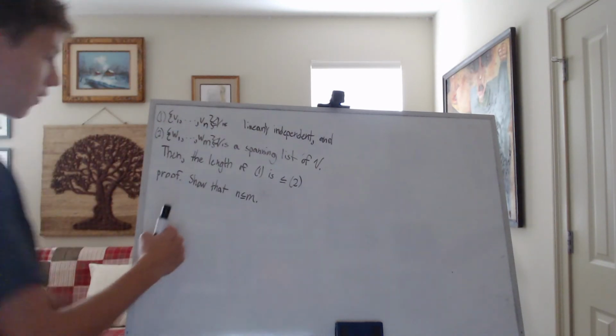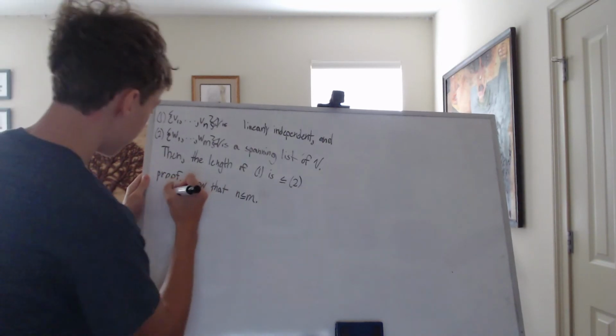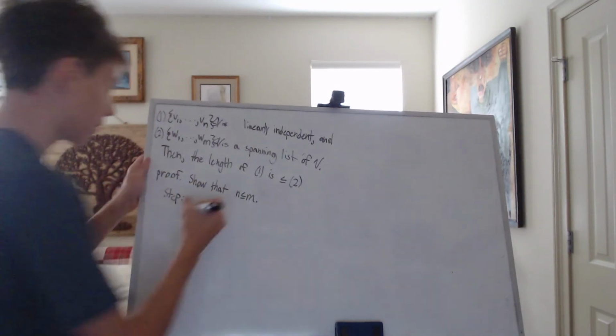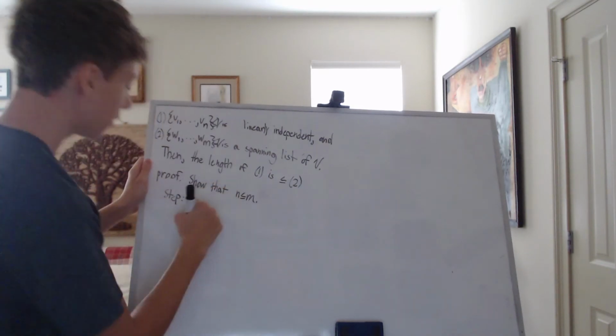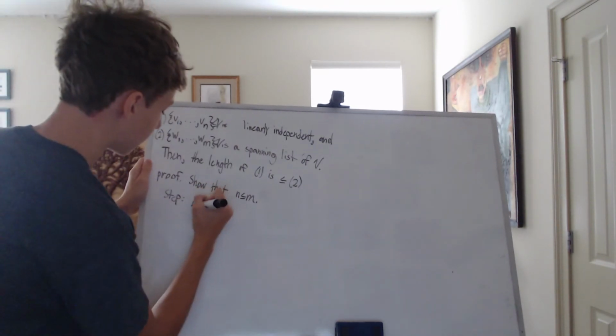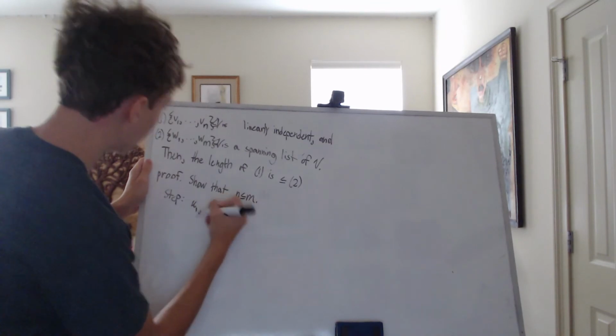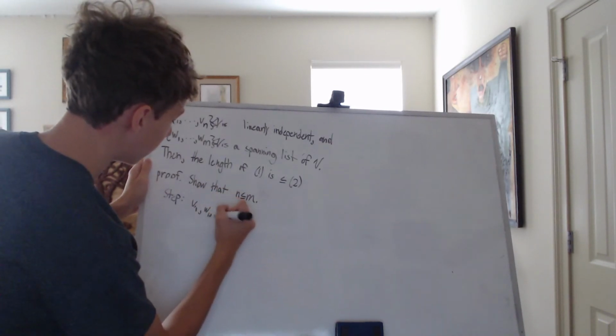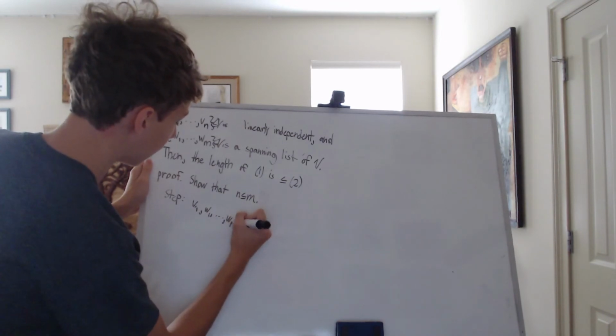We're going to start off by listing out step 1. It's like we're going through an algorithm. Step 1, consider the following list of vectors: v1, w1, all the way to wn.